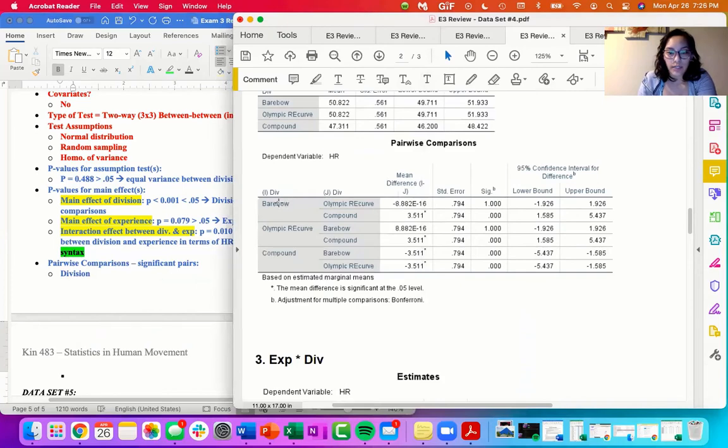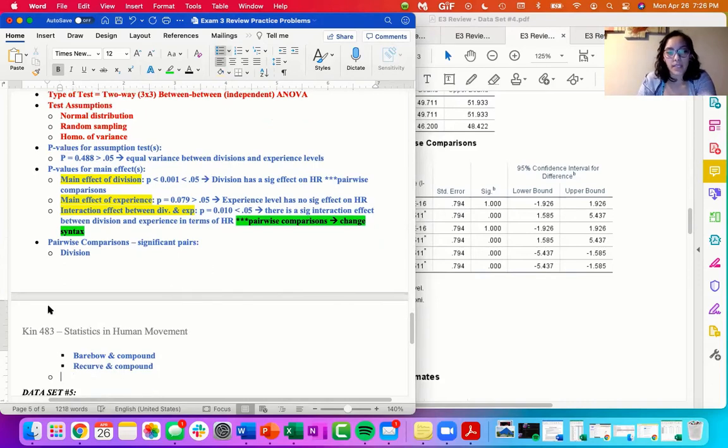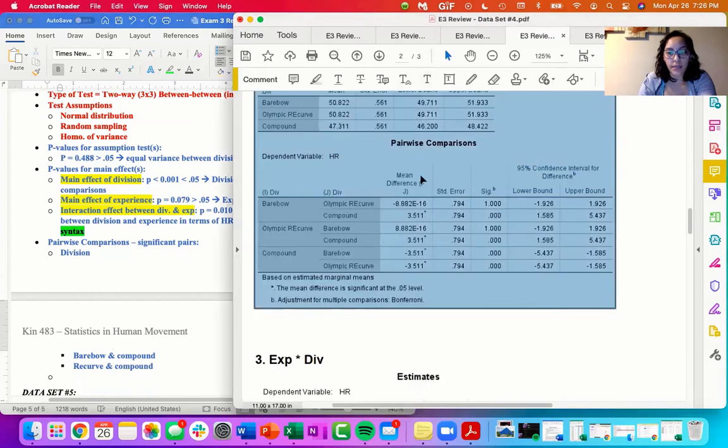Looks like we have a difference between bare bow and compound and recurve and compound. That takes care of our significant pairs for division.